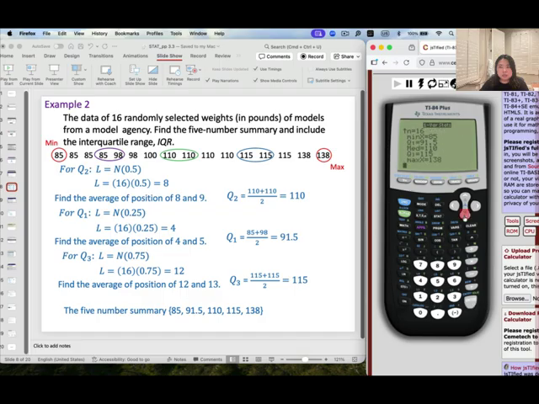Scroll down and you're going to see the 5-number summary here: minimum 85, Q1 91.5, median, which is your Q2, 110, Q3 115, and maximum 138. This is how we find the 5-number summary.